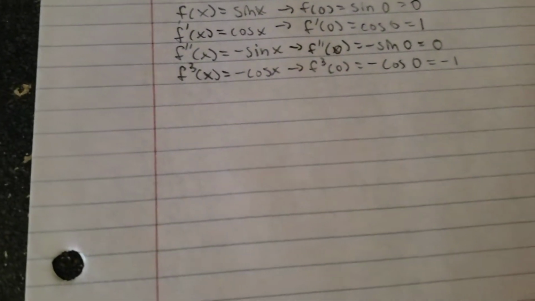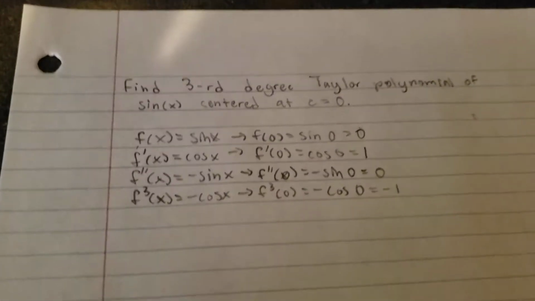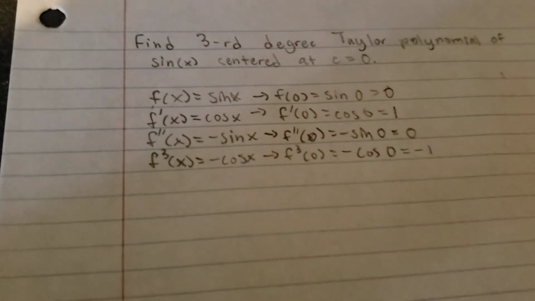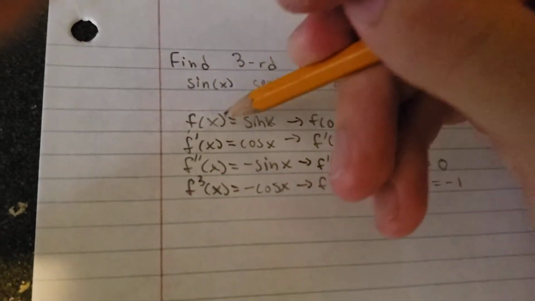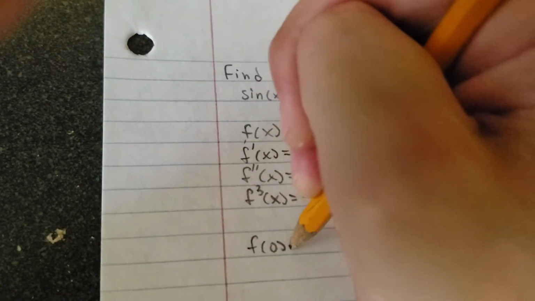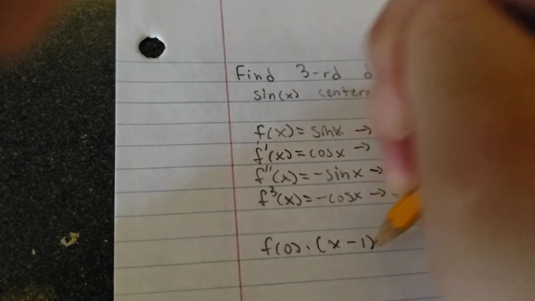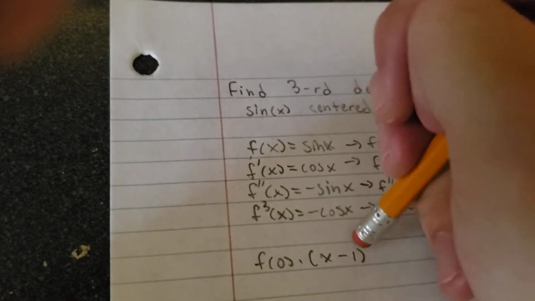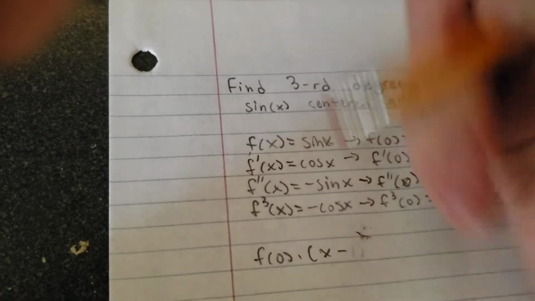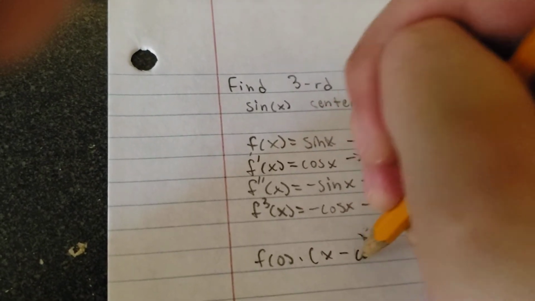So here we go. The first thing we plug in is the first value from f of x. We plug in f of 0, and then we multiply that times x minus c, not just 1, obviously it could be c.